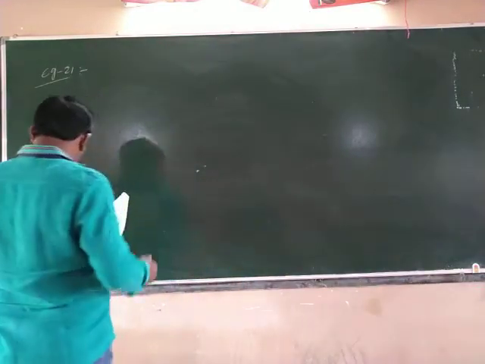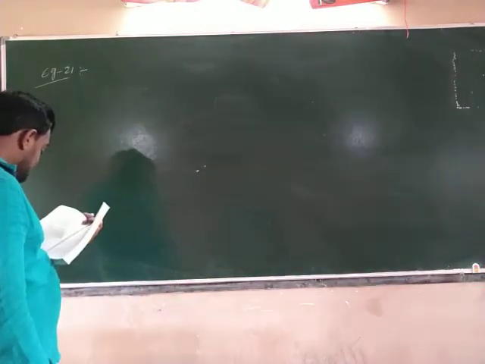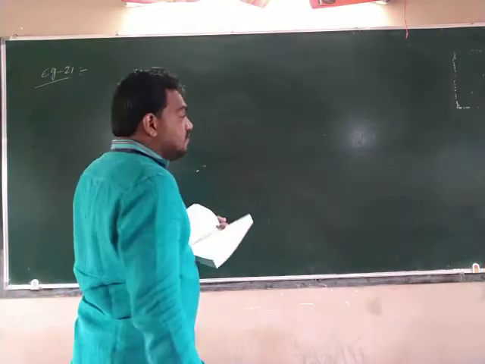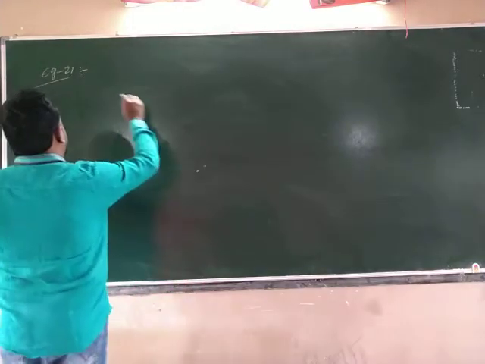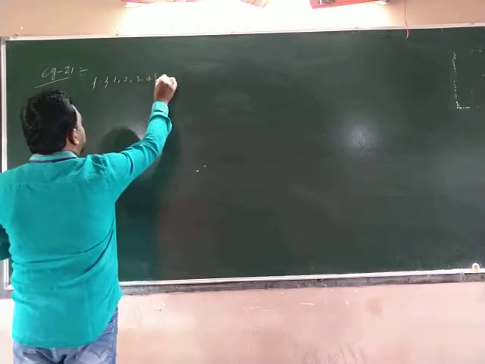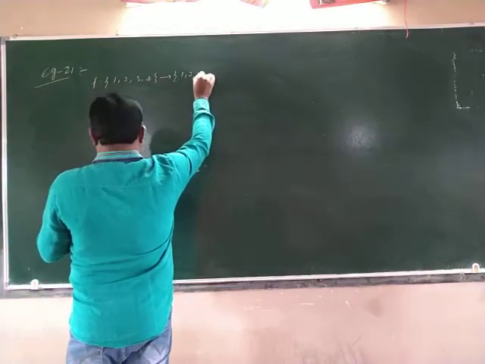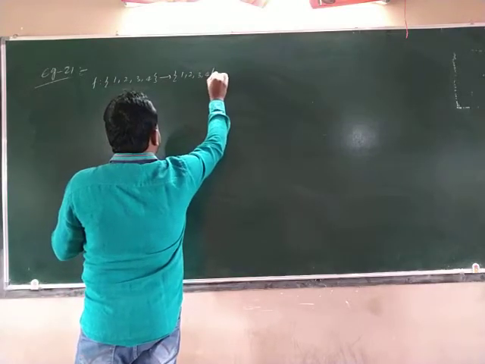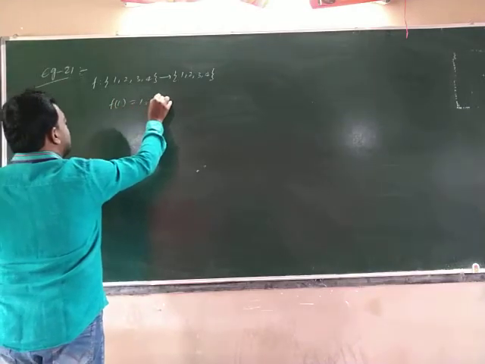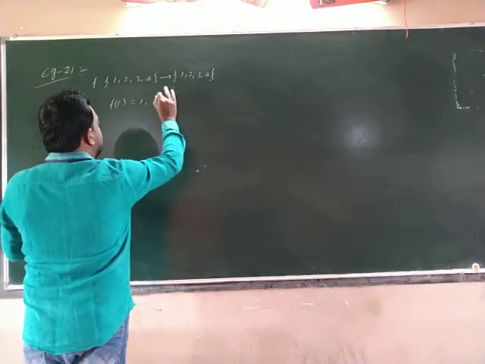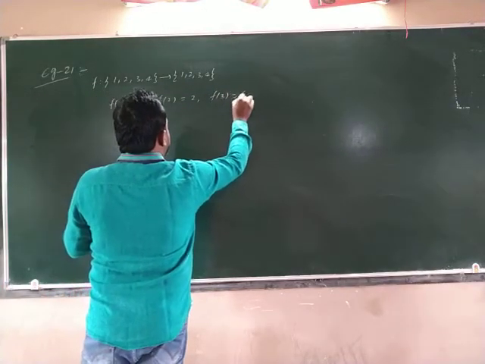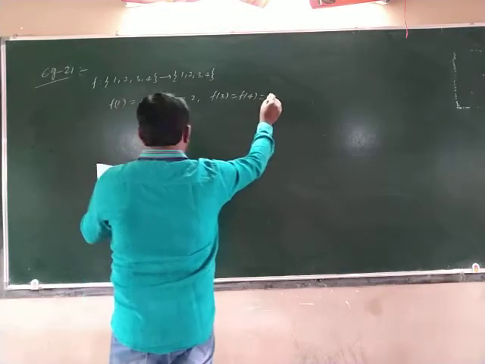Next question, number 21. Are F and G both necessarily onto if G circle F is onto? You see, we take one example. F is a mapping from the set {1, 2, 3, 4} to the set {1, 2, 3, 4}, defined as f(1) = 1, f(2) = 2, and f(3) = f(4) = 3.